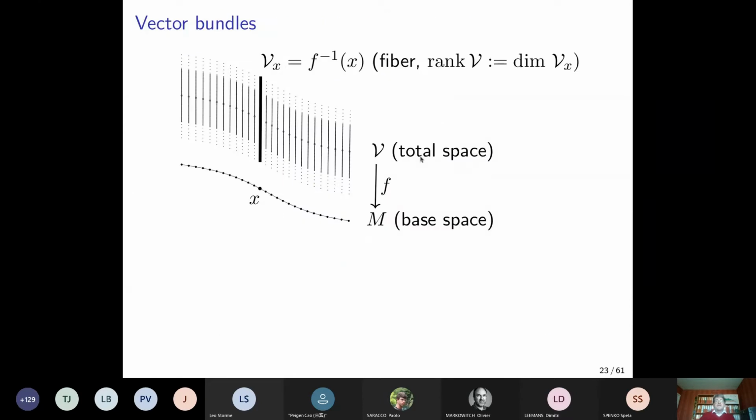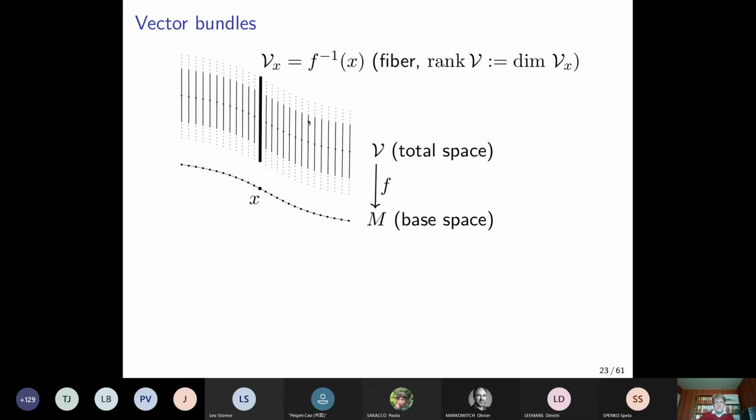Okay, so here I give a somewhat more formal definition of a vector bundle. So we have a total space which maps to a base space, and the fibers of that map, they are vector spaces.